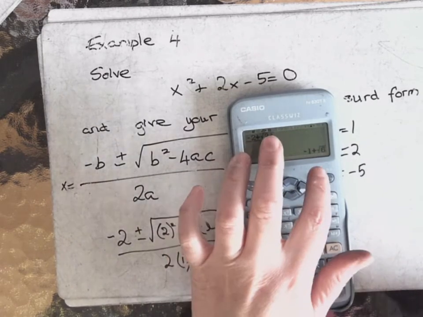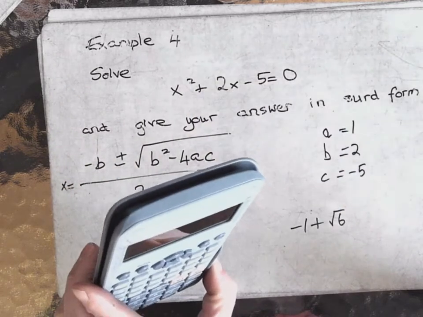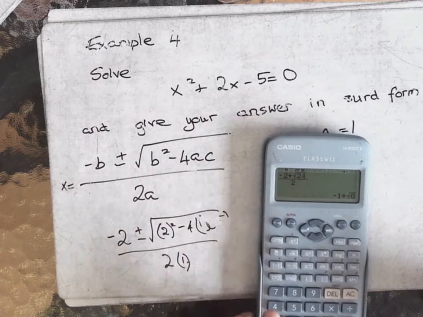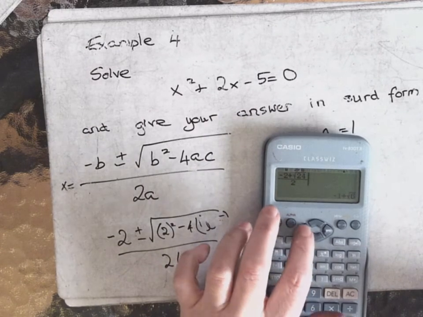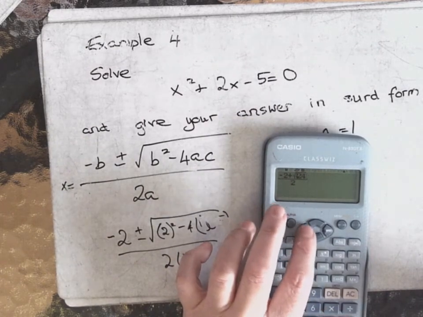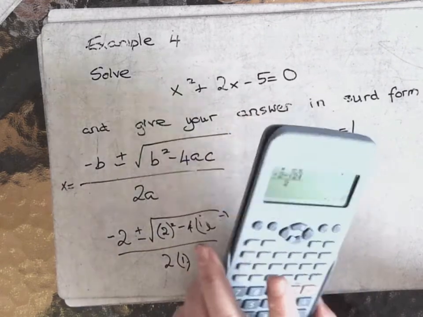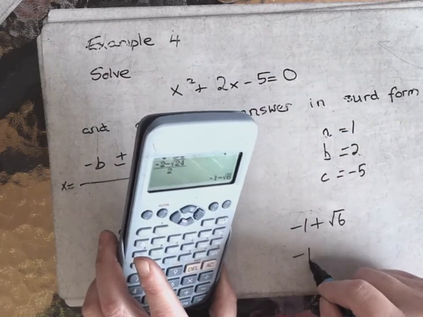So you get minus 1, then use, without cancelling, your back arrow and go back and change that plus to a minus, and you get your second answer, which is minus 1 minus root 6.